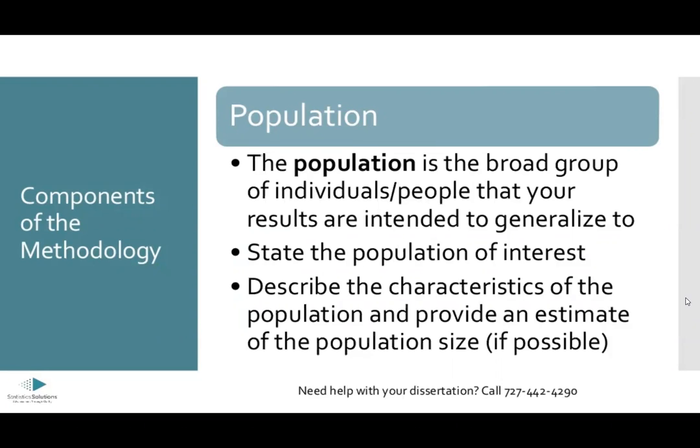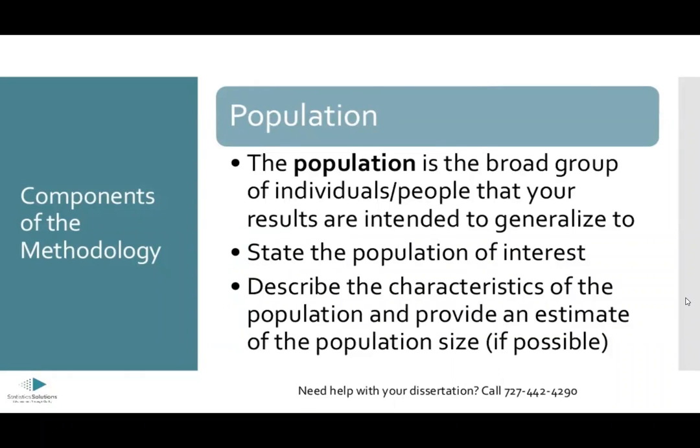So for example, if I would like to do a study to understand the experiences of women giving birth, maybe, my population is going to be women who gave birth in the United States.